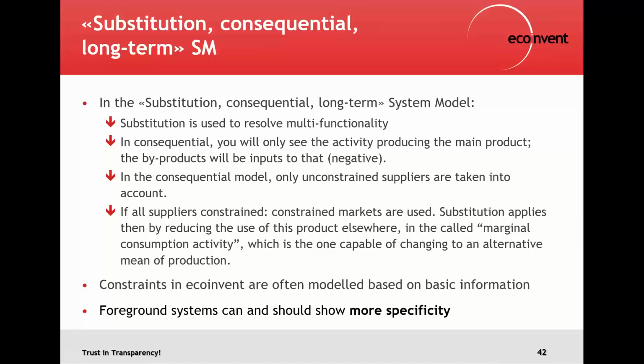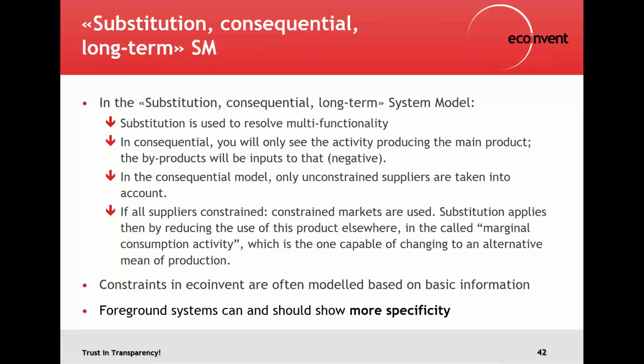Constraints in ecoinvent are often model-based on basic information. There is, for example, in the energy sector, a paper reporting on the considerations that have been taken in order to consider given technologies in given geographies as modern or current.